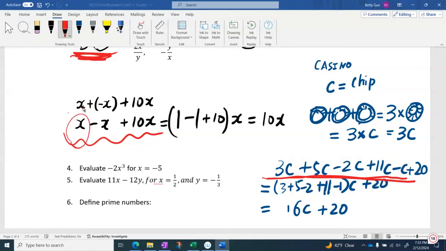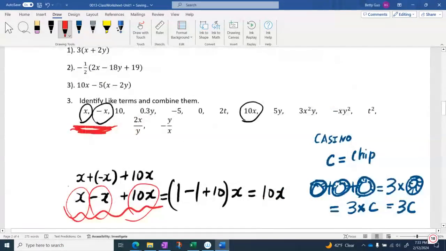You start with 1x and you lost the x, so you have nothing right now. And then you gain 10x. So you can always use the casino method to get it done. And it's pretty fun, right? I would recommend that you use this casino method when combining like terms.